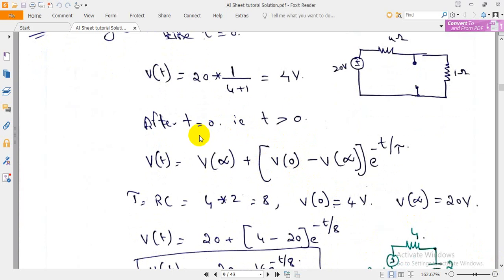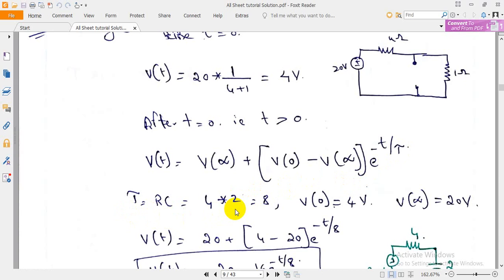Now for t greater than 0, we will find tau. Tau is RC. RC is the time constant, known as tau. So we need tau also here.